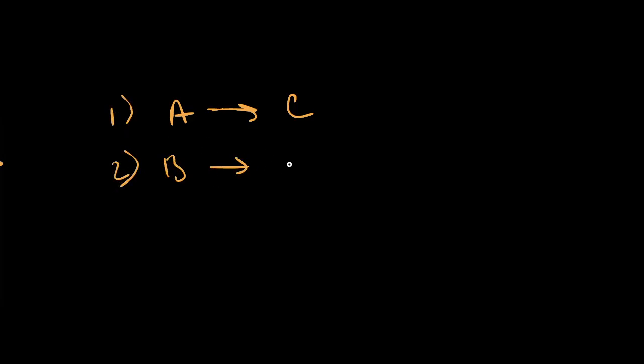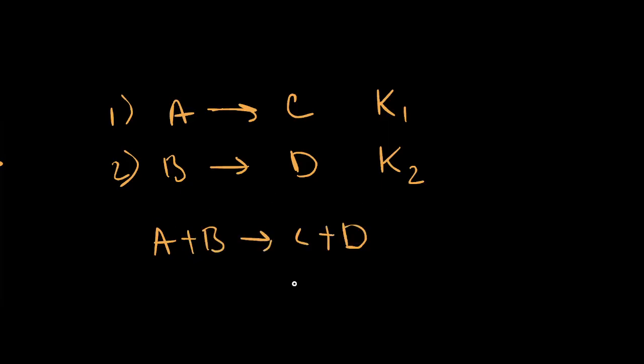The second reaction converts B to D. And now let's say we want to couple these together. We want to merge these together. This one has its own K, K sub 1. This one has its own K, K sub 2. Now let's say we mix these reactions together. So now we have A plus B gives us C plus D. Again, this is an oversimplification, but just for example purposes, let's say we do this. Then how can we figure out the new K?